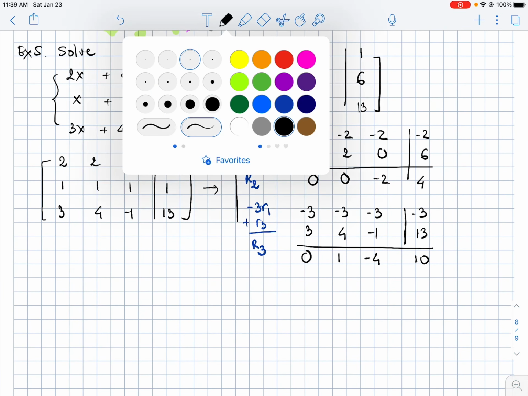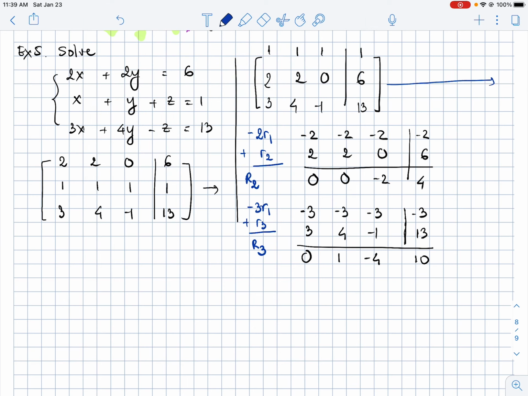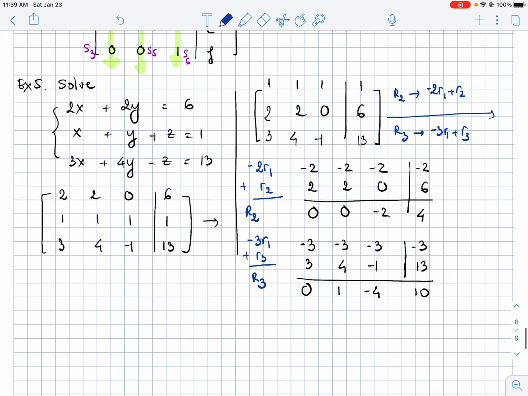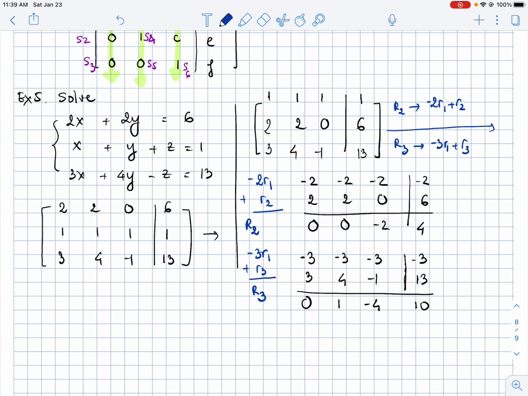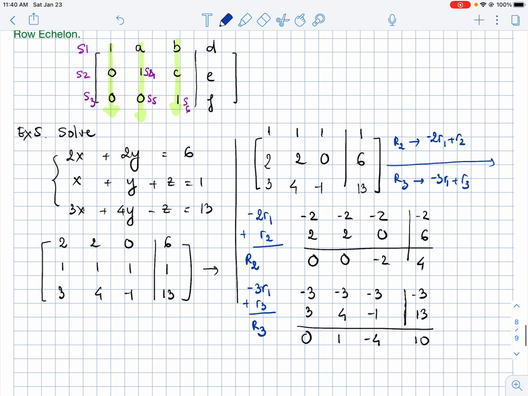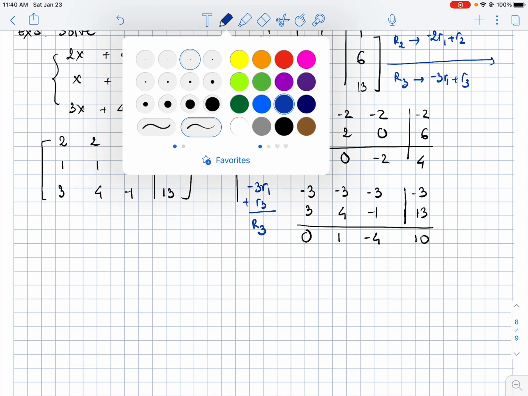Okay, so the matrix becomes, we explain here, row 2 is negative 2 row 1 plus row 2, and row 3 is negative 3 row 1 plus row 3. We always need to multiply a number by row 1 because in row 1 we made the 1 in step 1. So we always multiply by a number so that when you add, it becomes 0 for you.